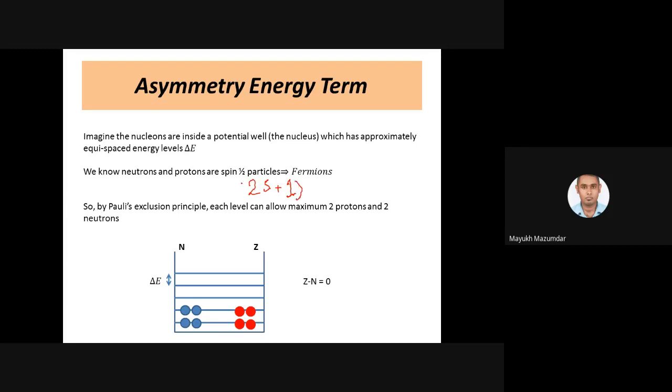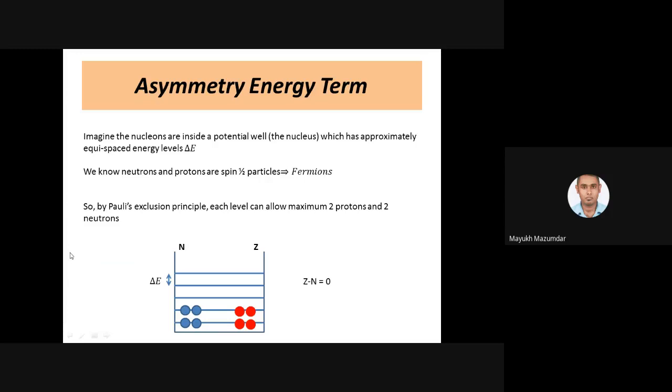Here s is half, so 2 into half is 1, 1 plus 1 is 2. Later in your JAM exam, you will come across previous year questions about the linear harmonic oscillator with particles of spin 3 by 2. Then they ask for the degeneracy.